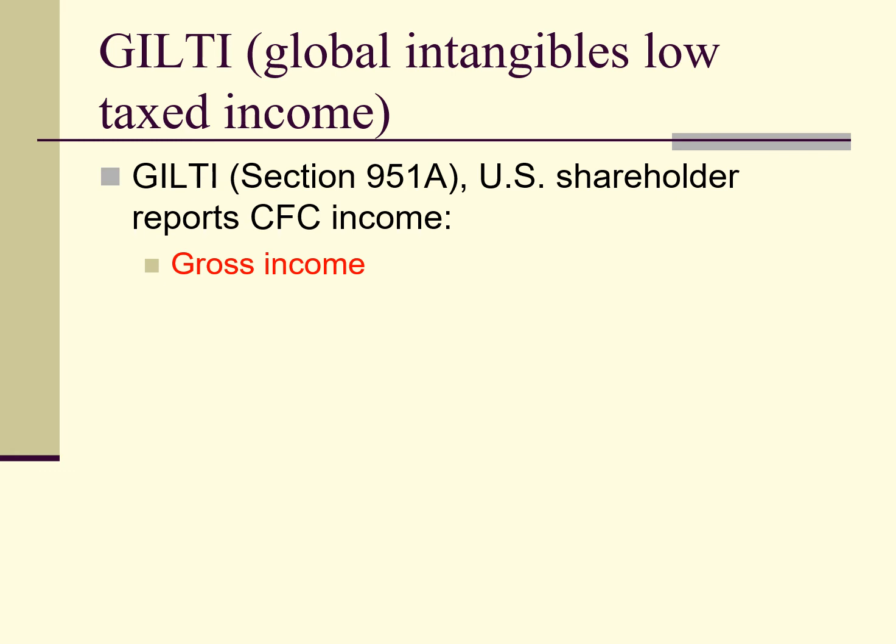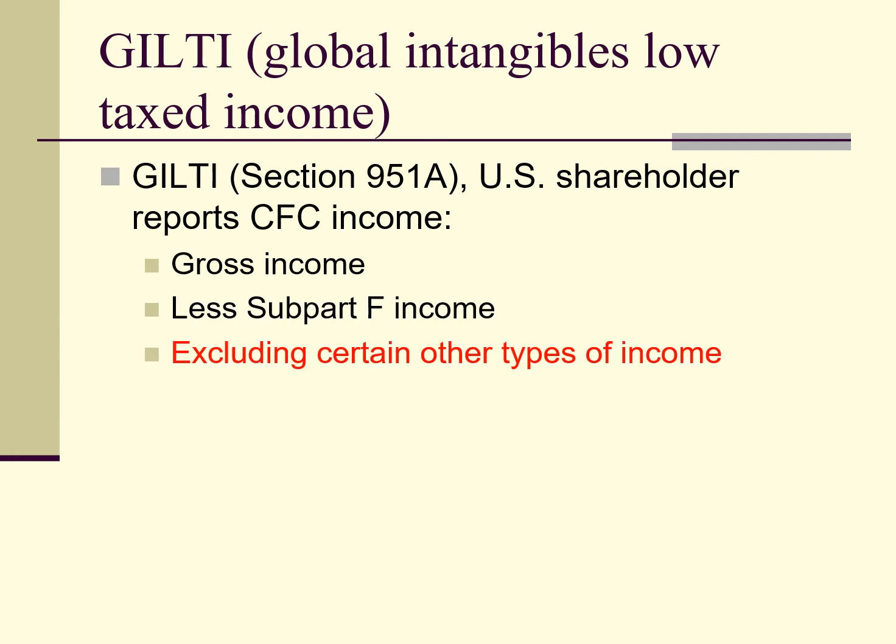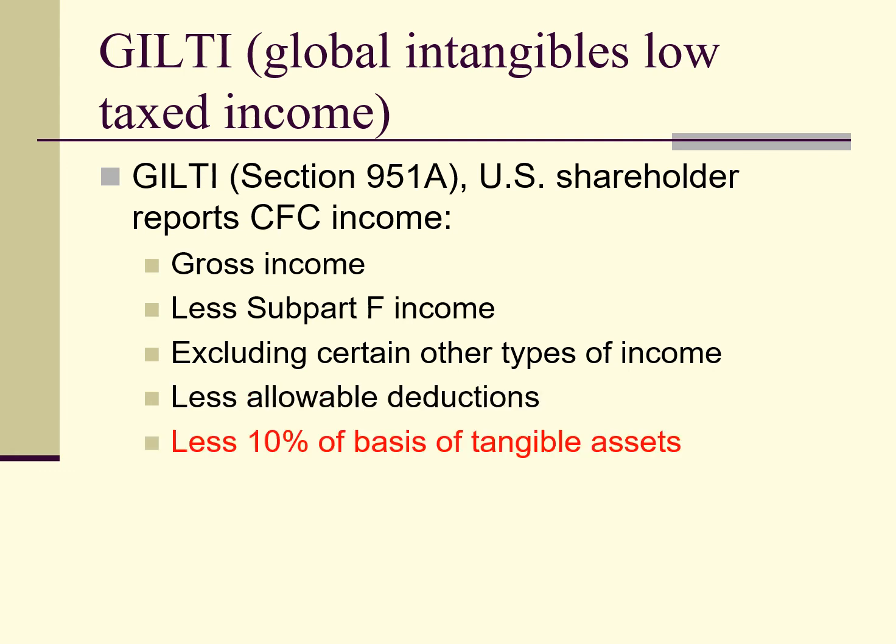the gross income of certain CFCs owned by the shareholder, less any subpart F income included in that gross income, excluding certain types of CFC gross income, less deductions allocable to that income, and less 10% of the adjusted basis of the tangible assets of such CFCs.